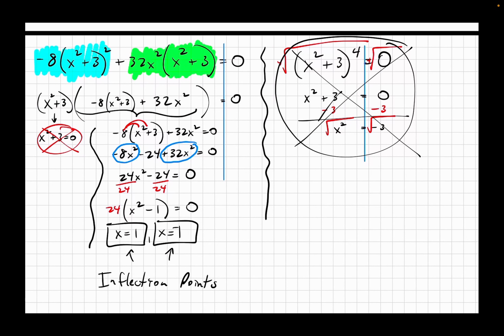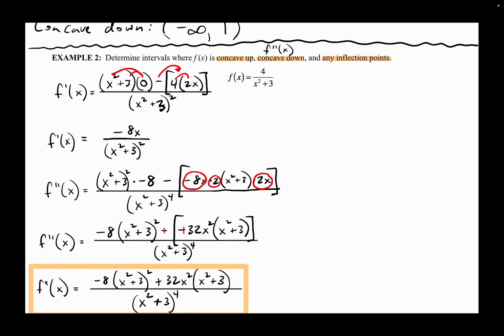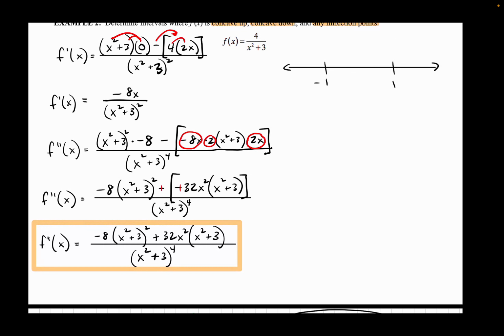Okay, so I have +1 and -1. Let me go to my number line. -1 and +1. So I need to plug into the second derivative something less than -1, something between -1 and 1, something greater than +1.